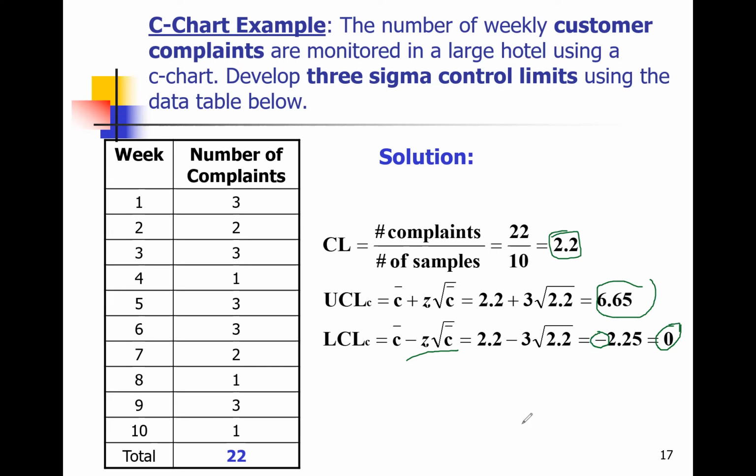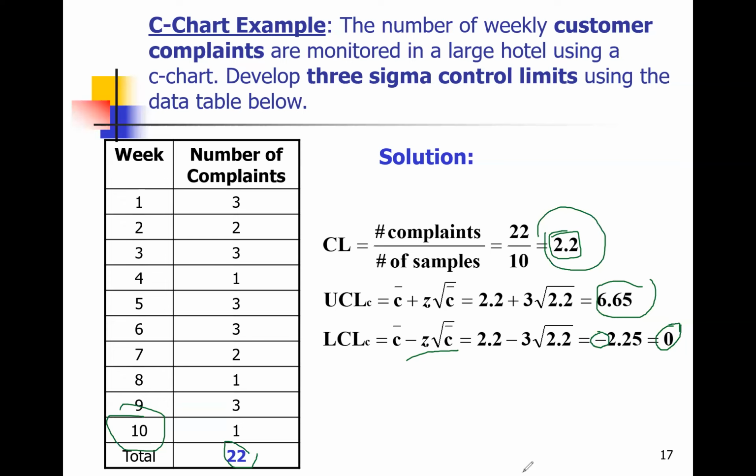Sir, C bar is the average, right? Yes, the average. Average is 22 divided by 10. And this 10 means 10 weeks: 1, 2, 3, 4, 5, 6, 7, 8, 9, 10. We can count week number 1, second week, third week, fourth week, but you will use the number of weeks, 10.